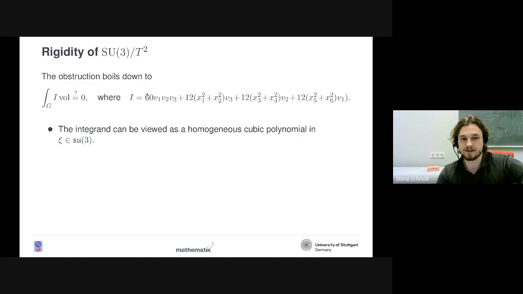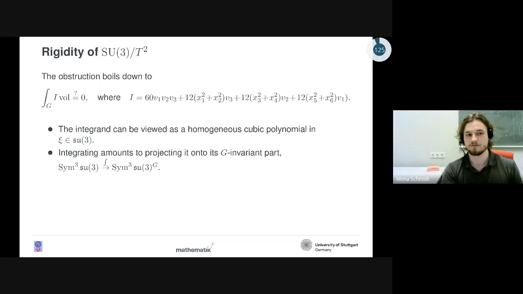Those functions are essentially, we can view them as one forms on SU3, or as elements in the dual space of SU3. So we can view this thing here as a homogeneous cubic polynomial in Xi, the element of SU3 that we chose to begin with, the element that parametrizes all our IEDs.